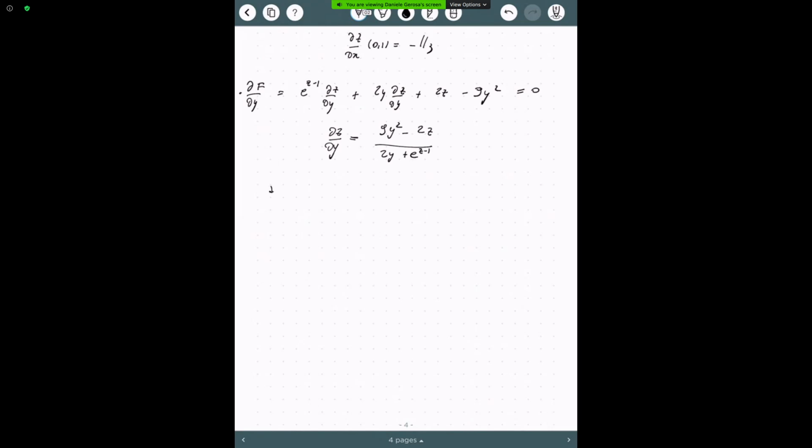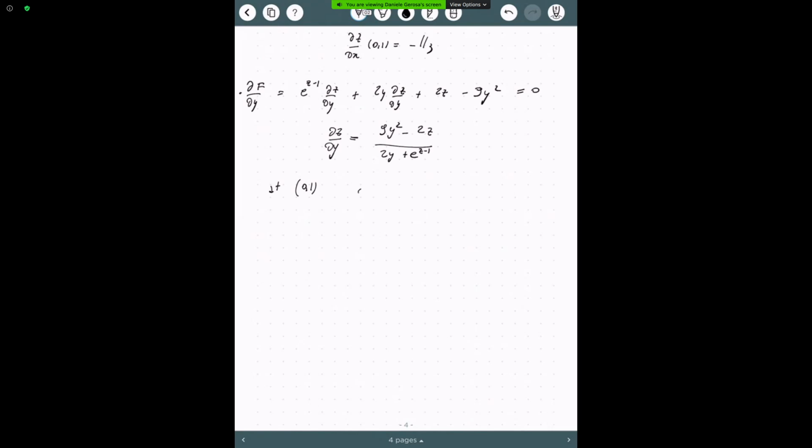And at the point (0, 1), we know that our implicit function z is equal to 1, so we have a value for z.